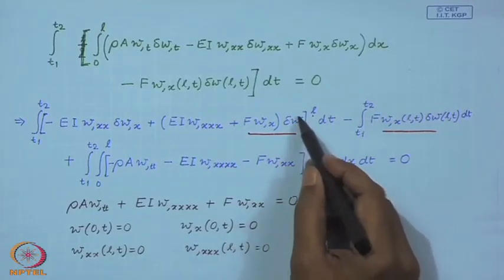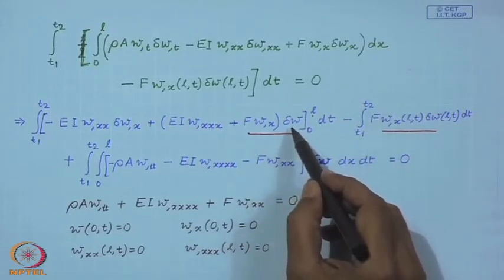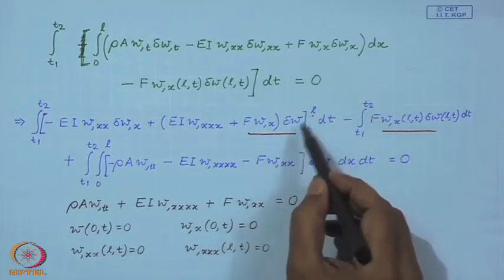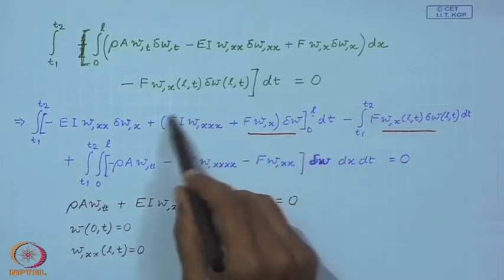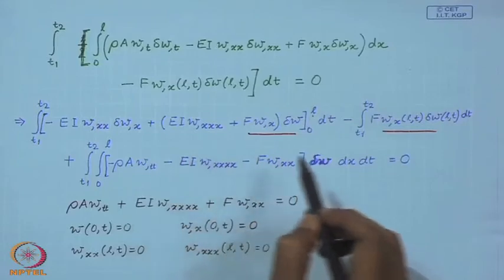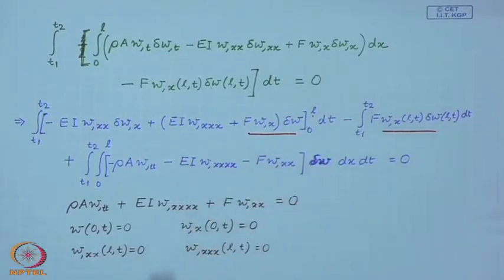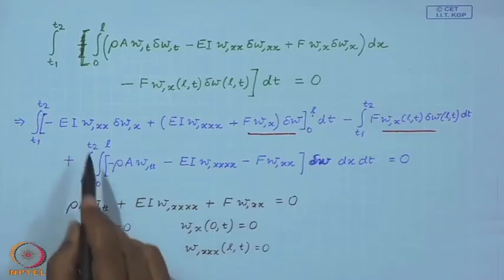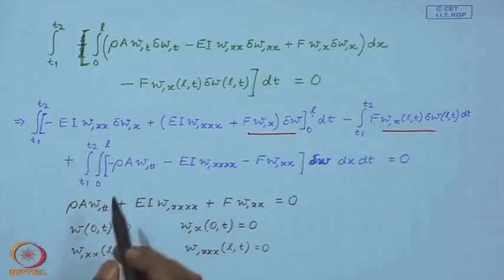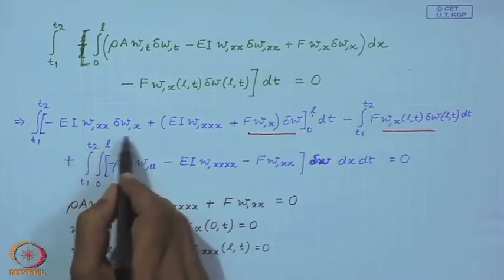So, at x equal to 0 this is going to vanish. At x equal to L this must be 0 and the other term comes from here, which is the bending moment.